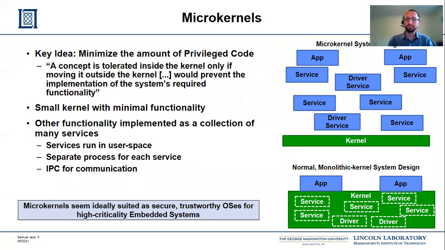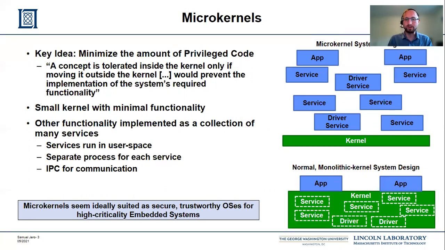And this typically results in a very, very small kernel with minimal functionality, and then all that functionality implemented as a collection of many services running in user space, where each of these services is a separate process and they use IPC for communication. So for instance, instead of most drivers being part of the kernel, they're now separate applications, separate processes in user space at lower privilege, but also isolated from both the kernel and from each other.